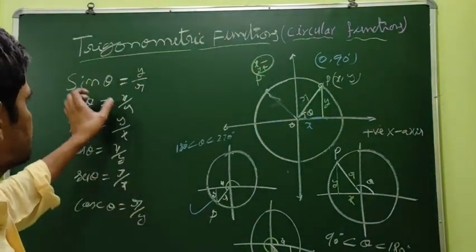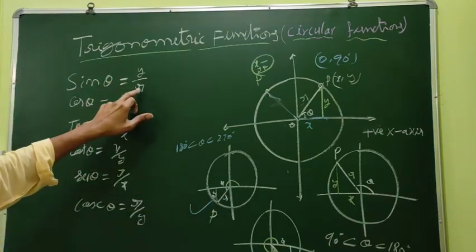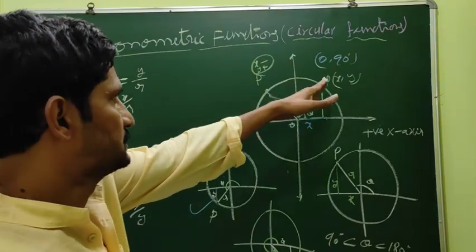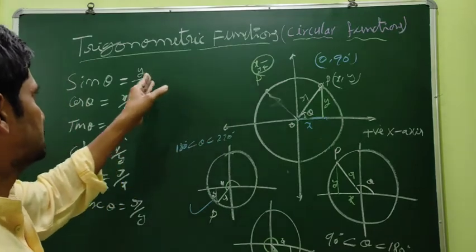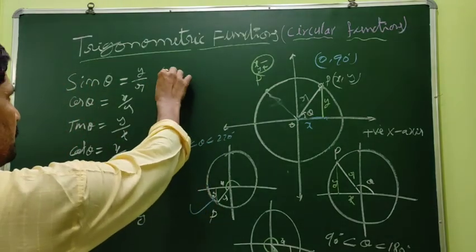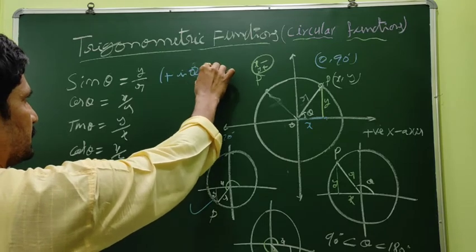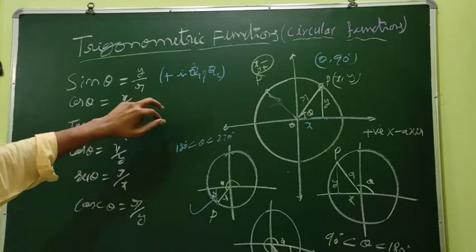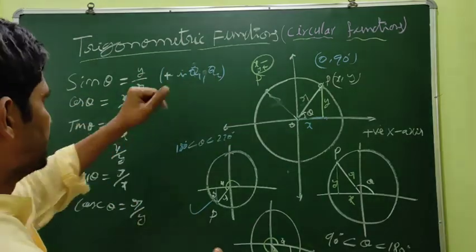Now say whether these trigonometric values are positive or negative. R is always positive. Y is positive in the first and second quadrants. So sin theta is positive in the first and second quadrants, and in the remaining quadrants it is negative.